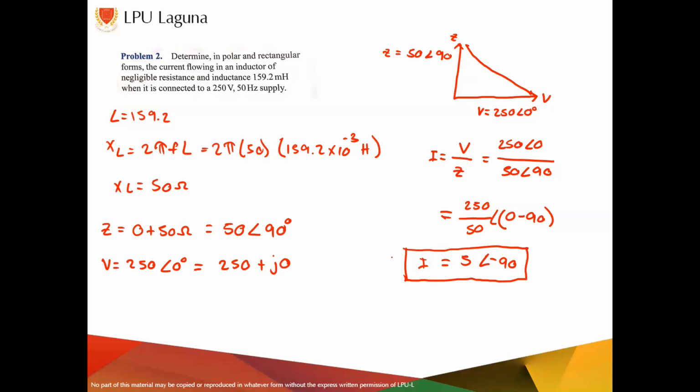Okay, so problem number 3 out of 6. A 3 microfarad capacitor is connected to a supply of frequency 1 kilohertz and a current of 2.83 bar angle 90 ampere flows. Determine the value of the supply potential difference.